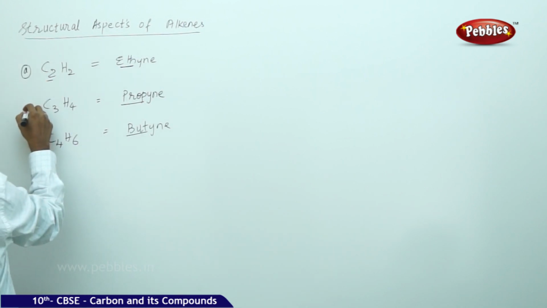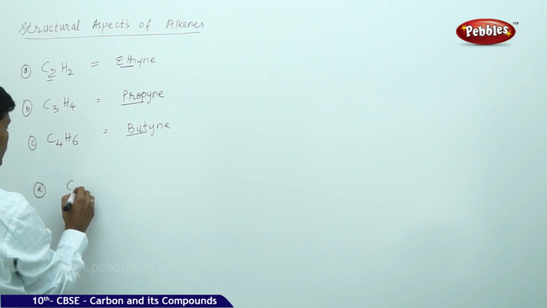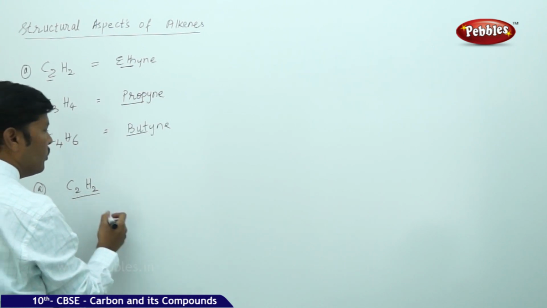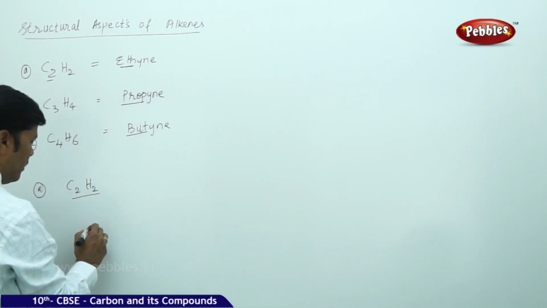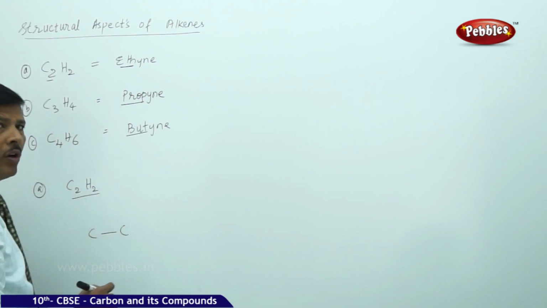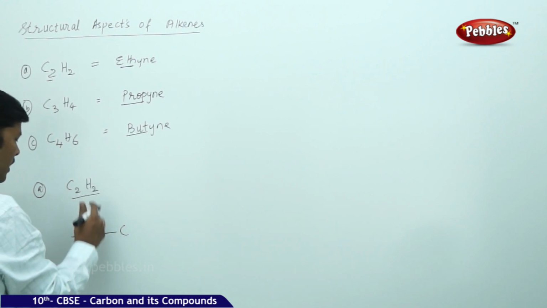If you go for A, C2H2, write the skeleton of C2H2. Because there are two carbons, attach one single bond, then there are two hydrogens. First you satisfy the tetravalency of the carbon.